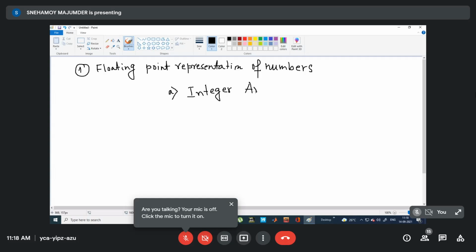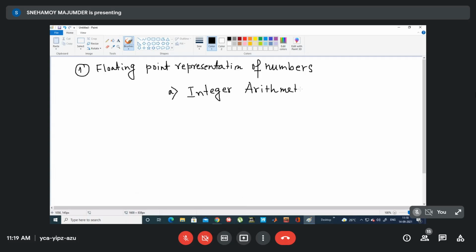The other is real or floating point arithmetic.